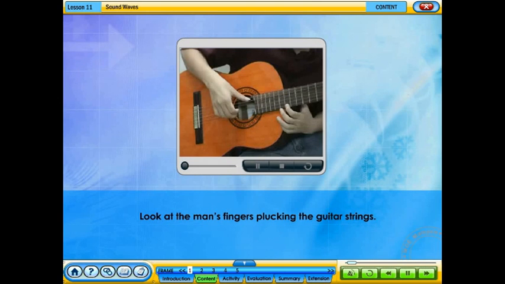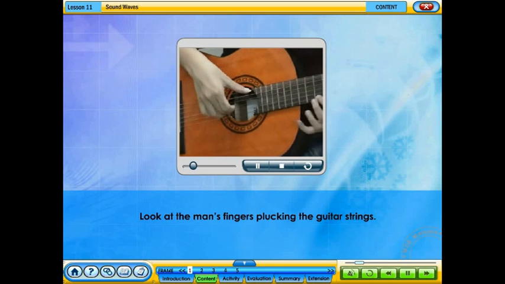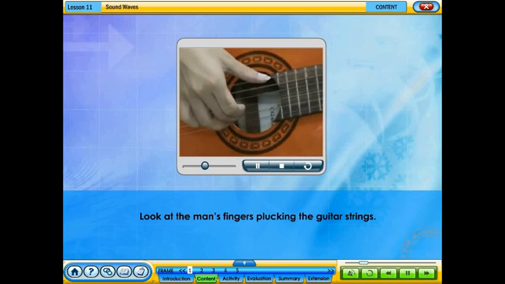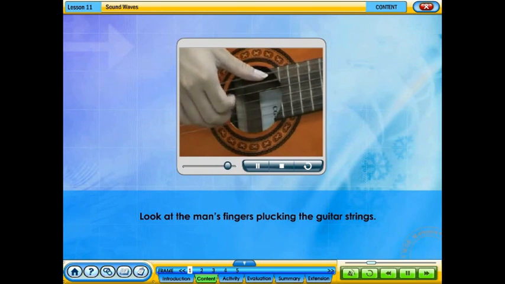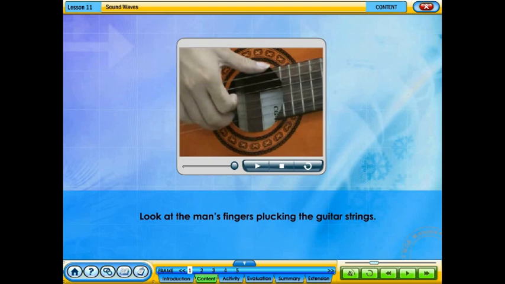Look at the man's fingers plucking the guitar strings. When the strings are plucked, they vibrate and sound can be heard.